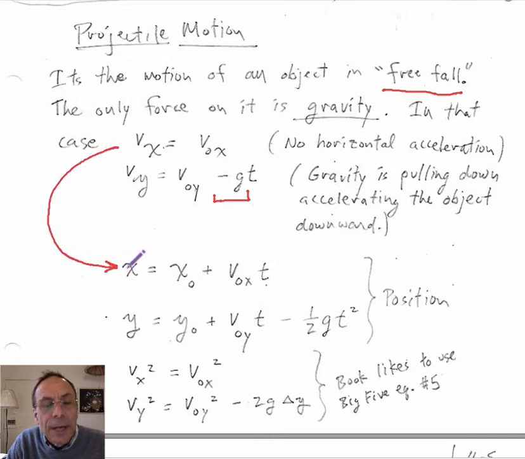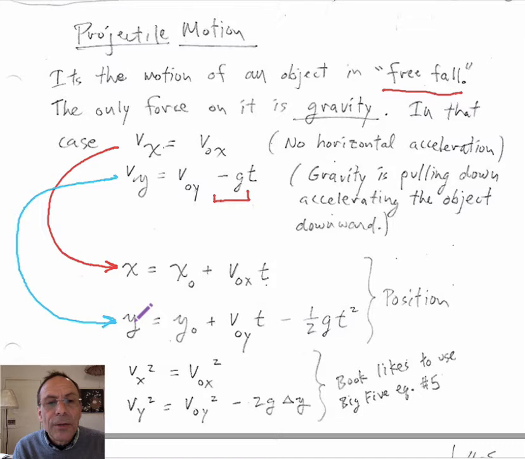So the x position is going to be the beginning x position plus the x component of the velocity, which doesn't change, times time. And let's see, maybe use a different color for the y position. This formula becomes this.